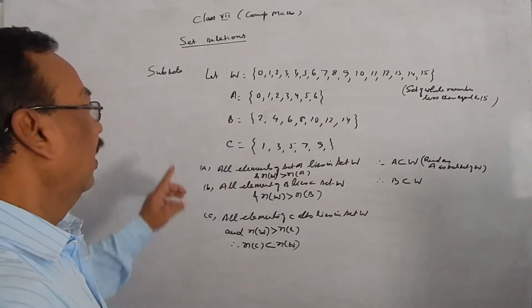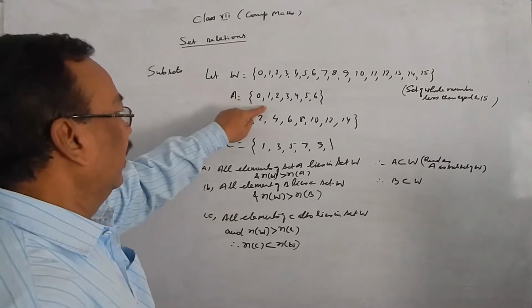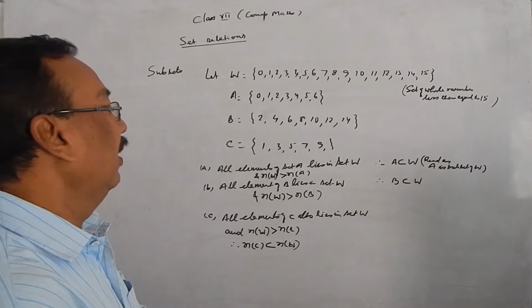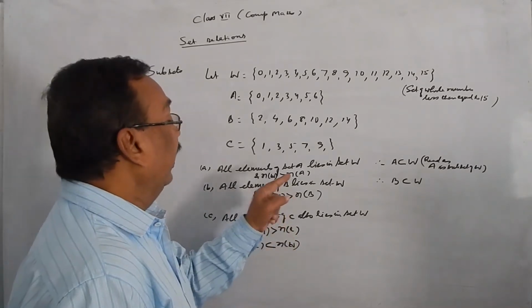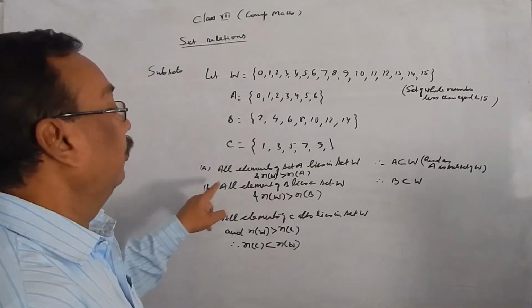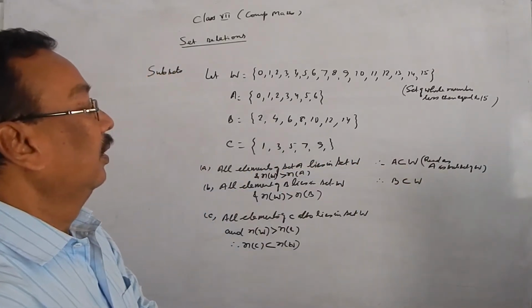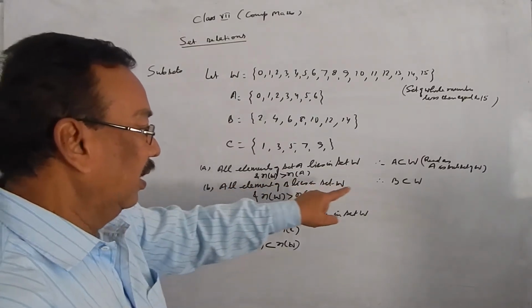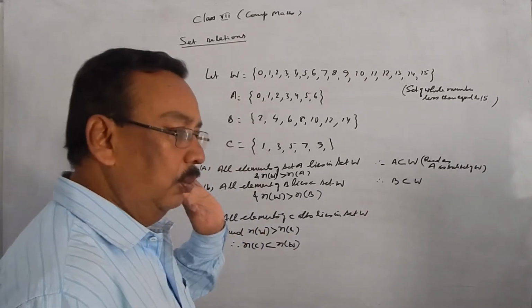Now we observe that all elements of set A lie in W, and n(W) is the cardinal number of W, which is greater than n(A). Therefore, A is a subset of W. Similarly, B is a subset of W and C is a subset of W.